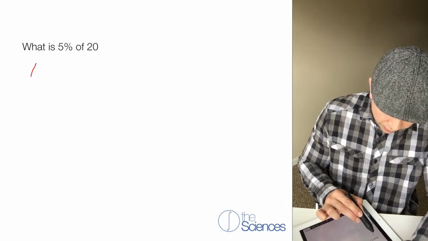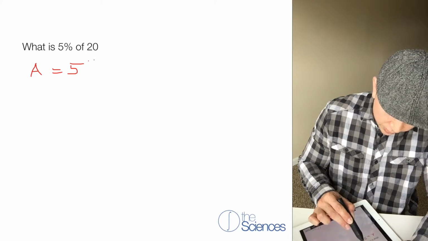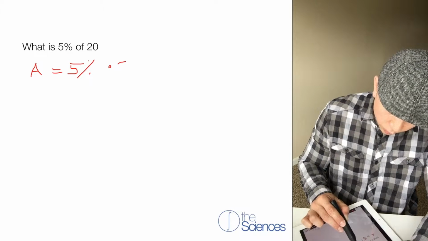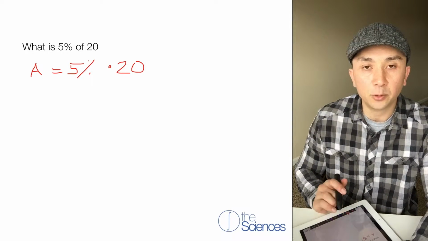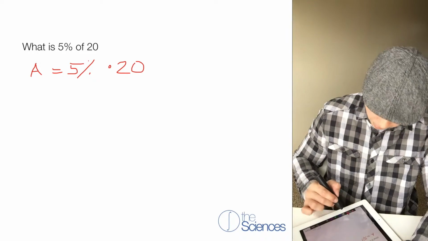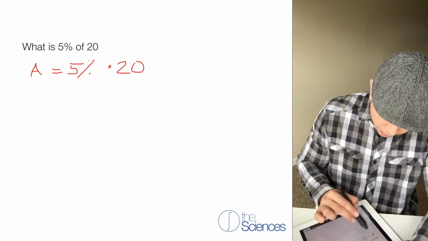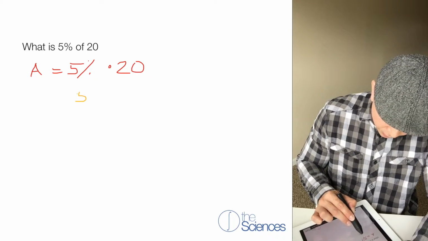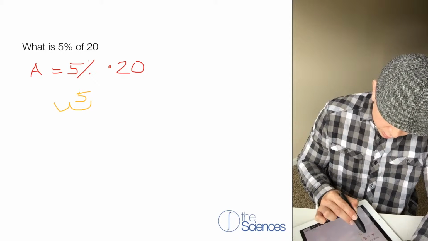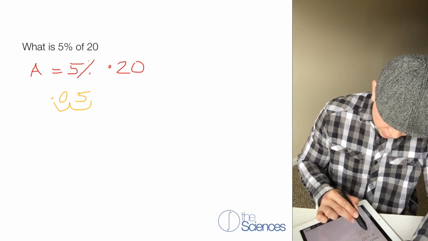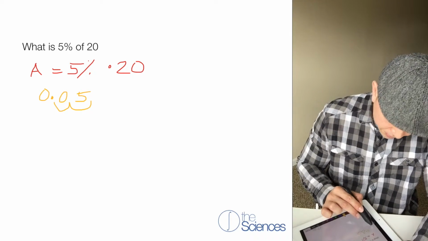So here we have A equals 5% times 20. What we're going to do is convert 5% to decimal form. So we have 5, and then we're going to move 2 places to the left, 1, 2. We're going to attach the decimal point and a whole number.